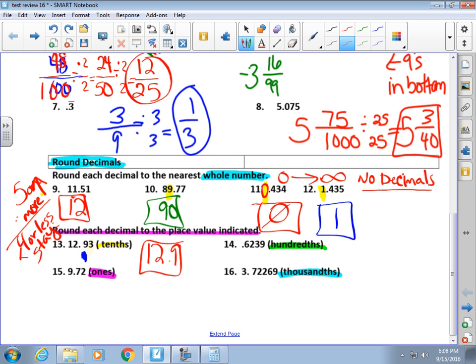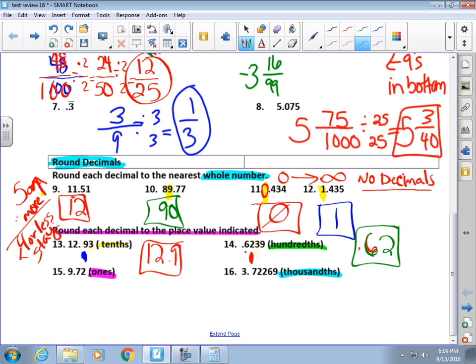They want the nearest hundredth. So tenths, hundredths. I'm at the 2. Everything in front is going to stay. So I know I'm going to have 0.6, and I'm trying to decide if I'm going to keep that 2 or go up to a 3. The number that you need to look at is the 3 behind the 2. Since that's 4 or less, it stays. So 0.62.